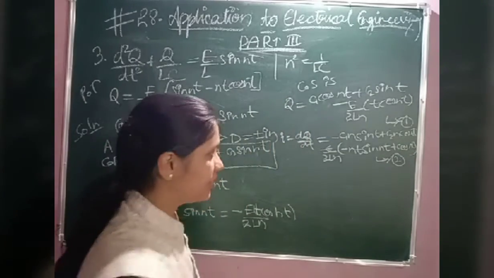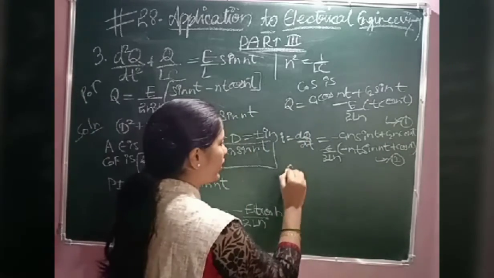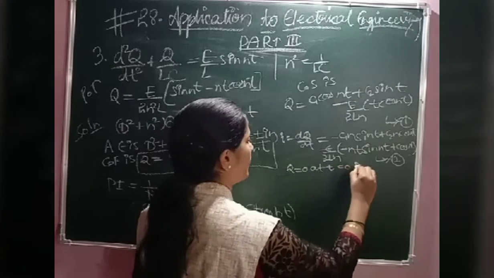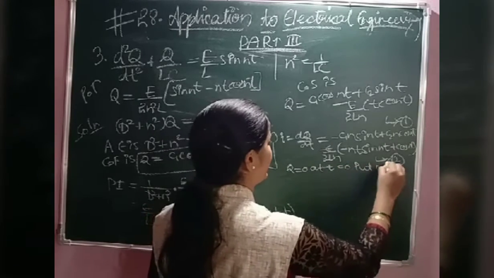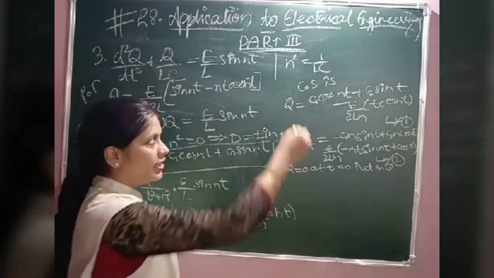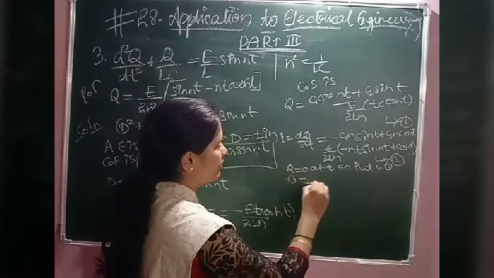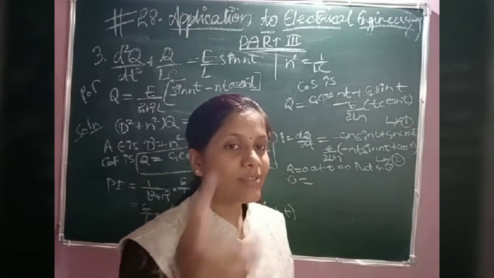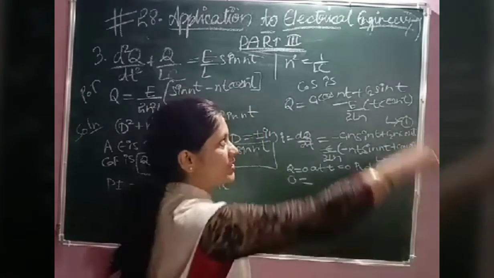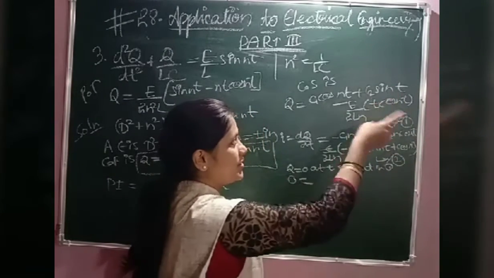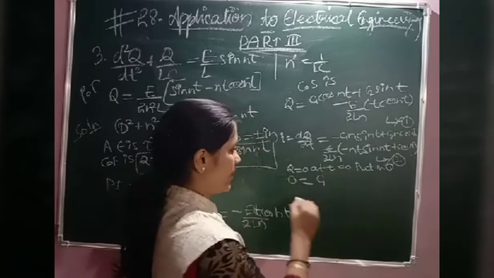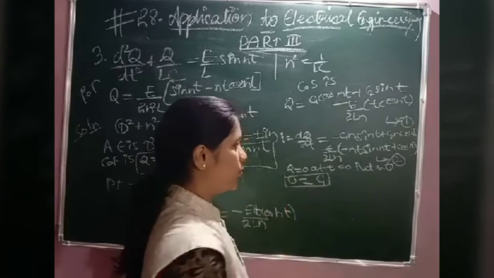Now using the given conditions, Q equal to 0 at t equal to 0, put these values in equation 1. Q is 0; put t equal to 0. Sin 0 is 0, cos 0 is 1. Zero into anything is 0. So what are we left with? C1 cos 0, which is 1. So C1 equal to 0.